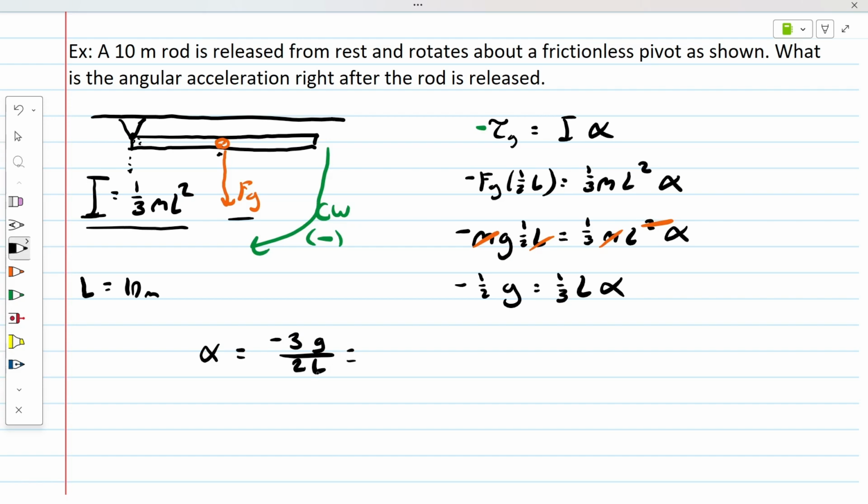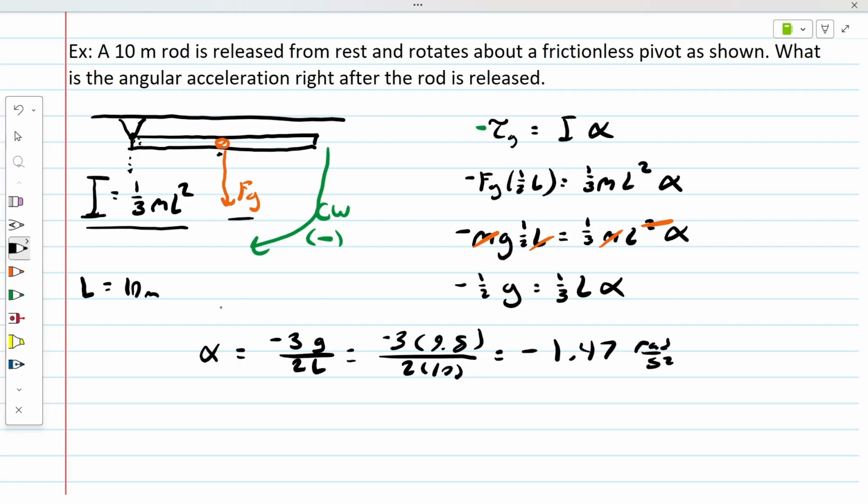And now we know what the length is, that's the only thing it really gave us, and we know gravity obviously. So we can now plug in these values here, and then 2 times length, which is 10. And so we get a negative 1.47 radians per second squared.